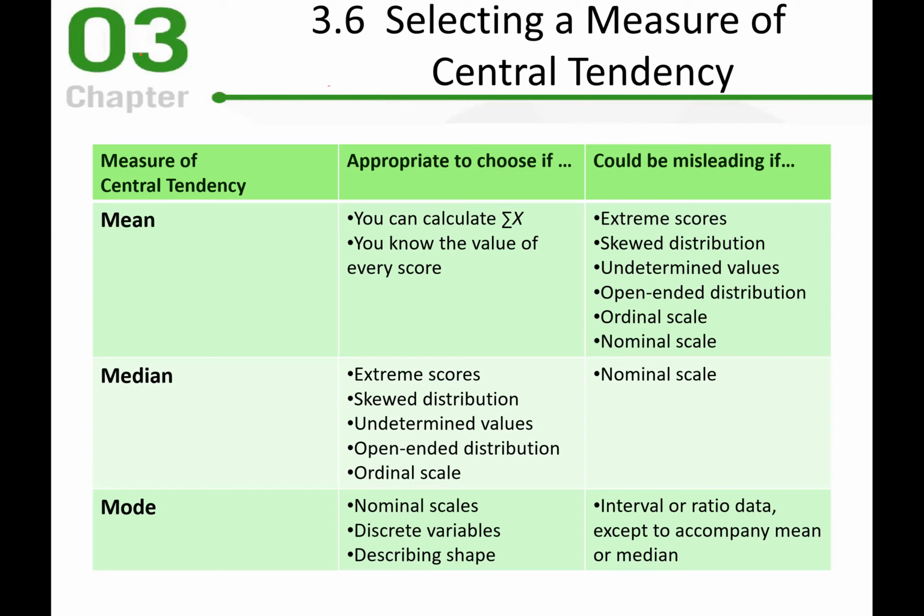So the mode is the last measure of central tendency. It's appropriate to use the mode if you have nominal scales, because the mode is the most frequent. If we go back to the example of the majors, this time I'm just counting the most frequent major chosen by Bethune-Cookman students. If I have a nominal scale, I could use the mode.